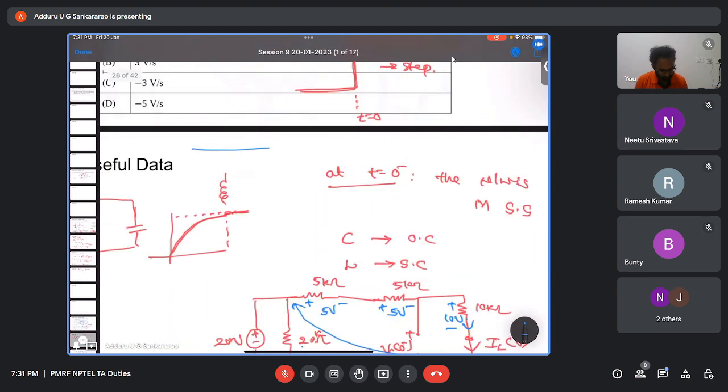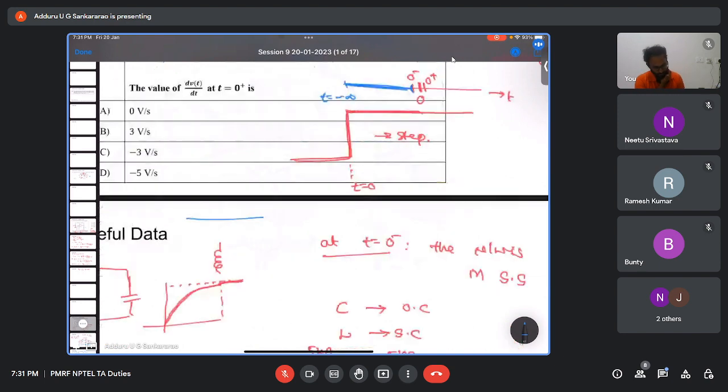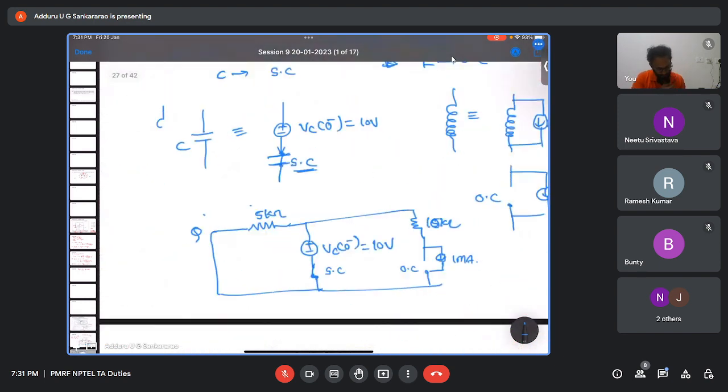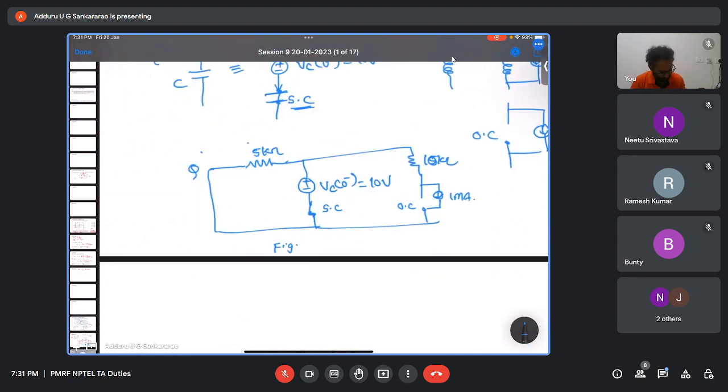Now, this is the equivalent circuit at t equal to 0 plus. Fine.